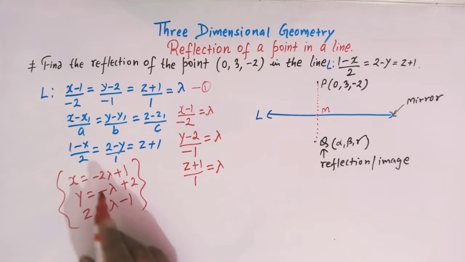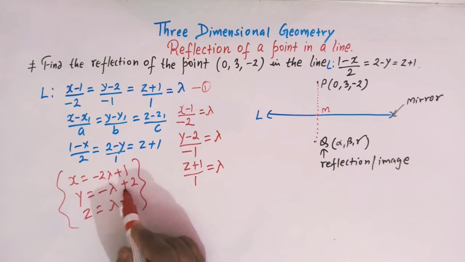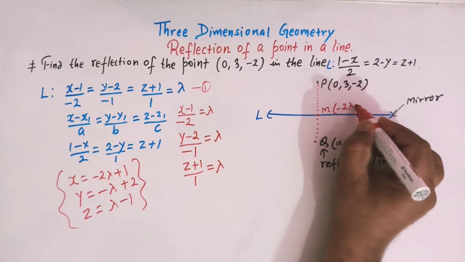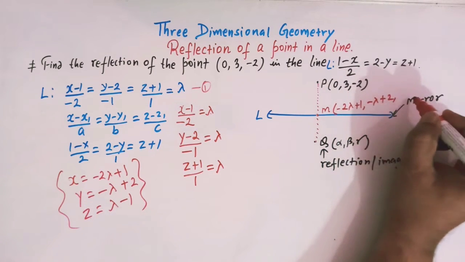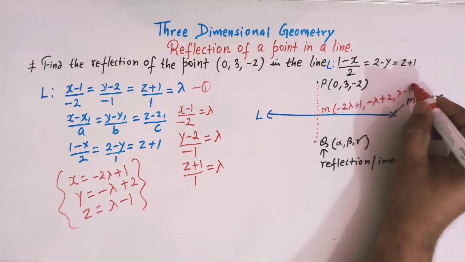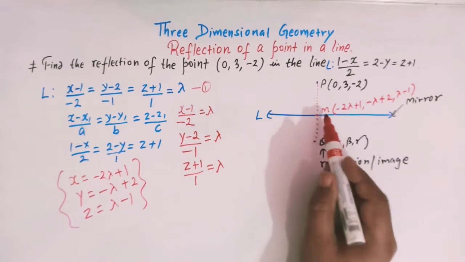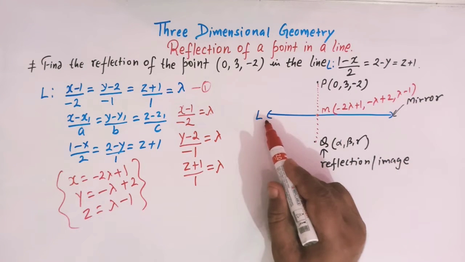So viewers, the values of x, y, z are given by these three terms, and here we have minus 2 lambda plus 1, then we have minus lambda plus 2, and we have lambda minus 1, right? So for some value of lambda, this point M will lie on this line L, right?